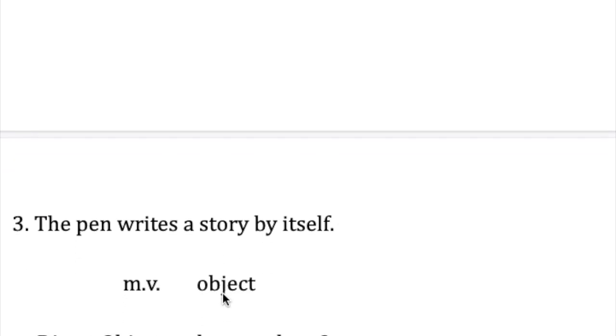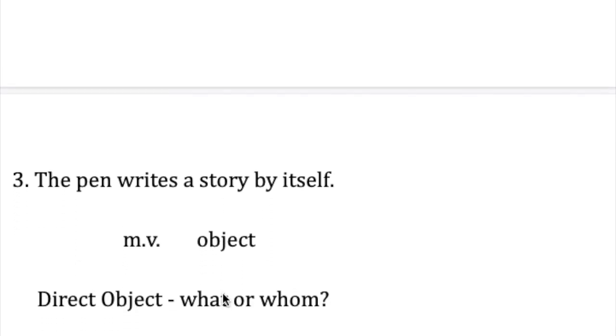How about this particular sentence? Alright, look at this. The pen writes a story by itself. Let's find the verb. Okay, writes is a verb. What sort of verb? You would say it's a main verb because the pen is doing something. Correct. Now after you find the main verb, I told you that you will struggle to find the verb complement. Either it is in the form of a direct object or a combination of direct and indirect object.